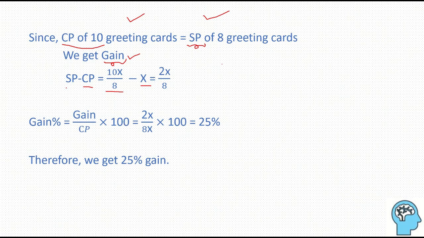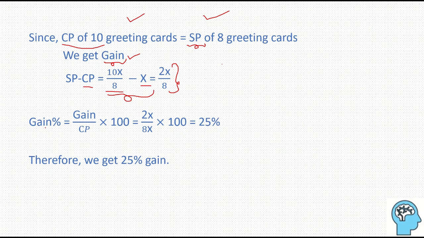Okay. And it's calculated as selling price minus cost price, that is profit. That is 10x by 8 minus x, which is equal to 2x by 8, and that is nothing but x by 4.